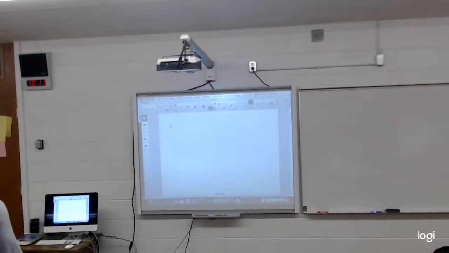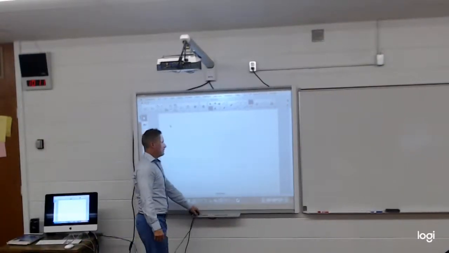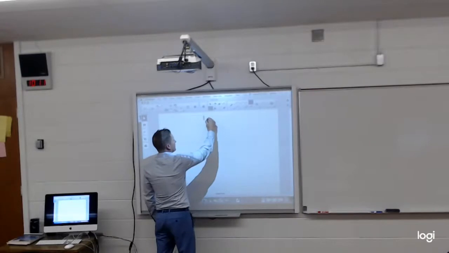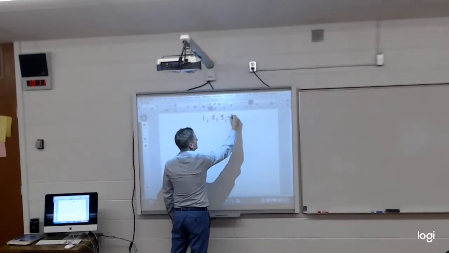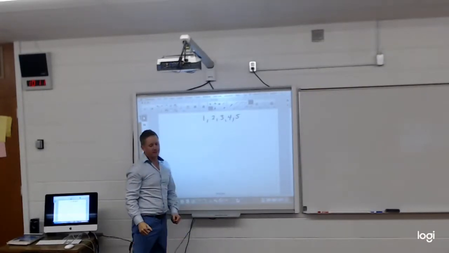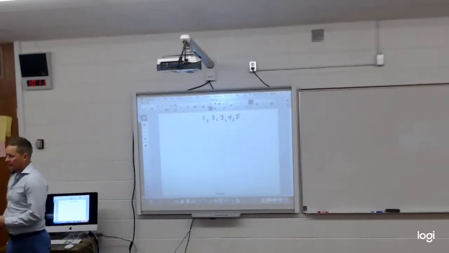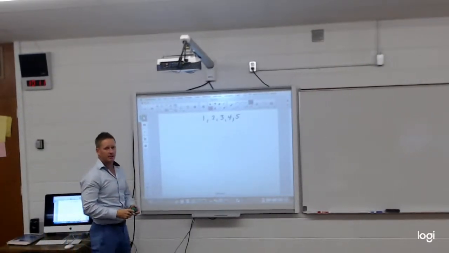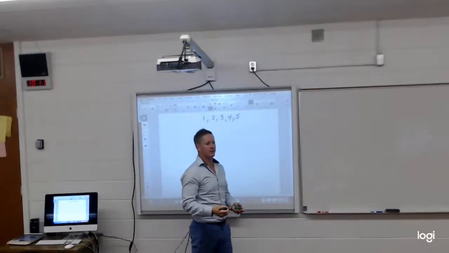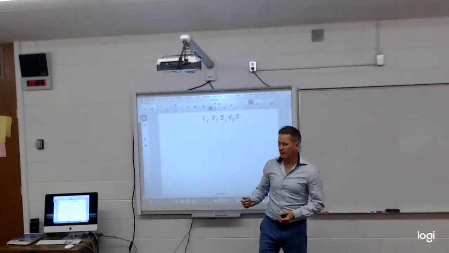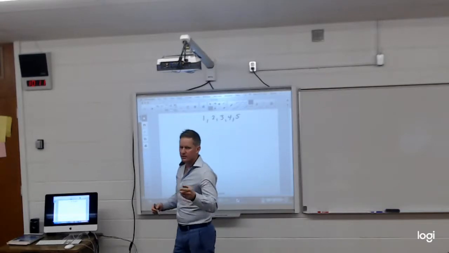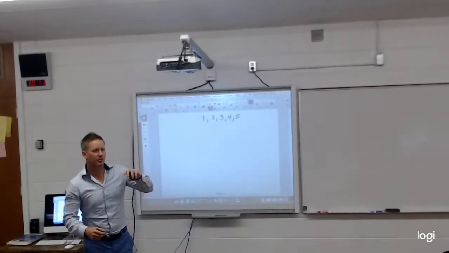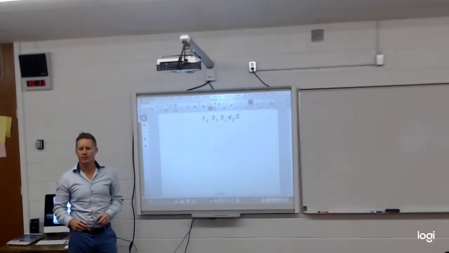Great. So yesterday, one of my questions to you was, if I have a 5-digit number, or 5 digits, and I want to select a 3-digit house number, using the fundamental counting principle, you put the number of decisions down in terms of blanks, and then you put the number of options in those blanks.